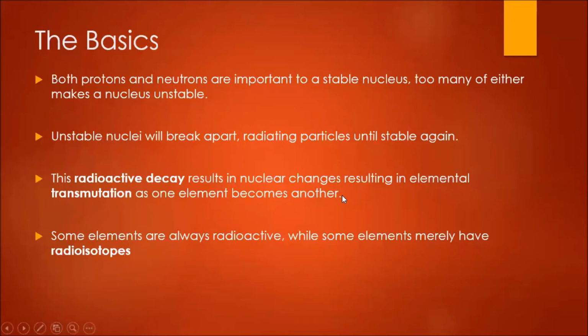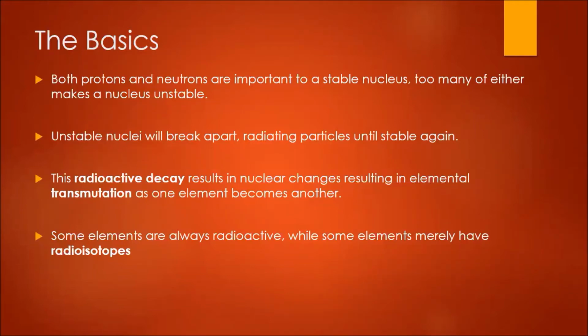We see nuclear changes that change one element to another. This is the only way we can turn lead into gold, by changing the number of protons and neutrons in there. That's what makes an element an element. Not the number of electrons, simply the number of protons and neutrons is what's going to make lead have this property and gold have this property.